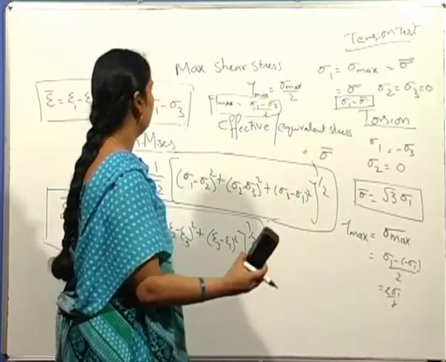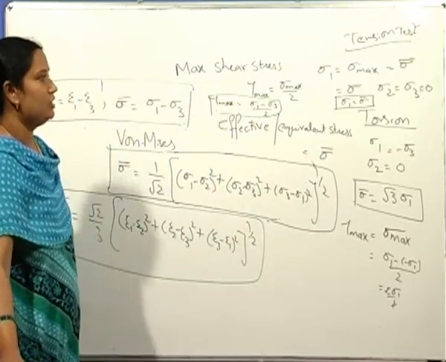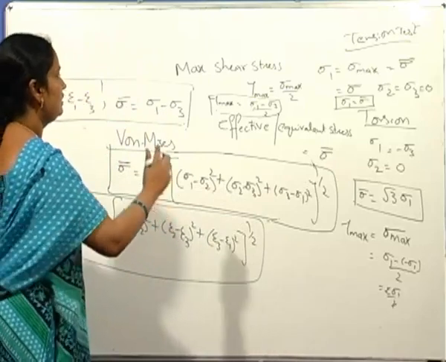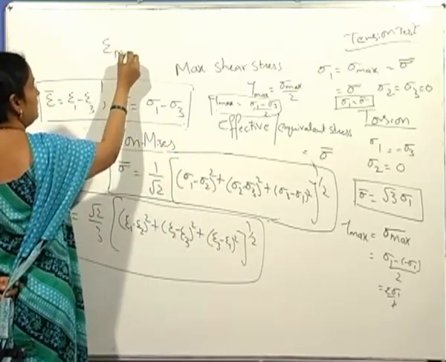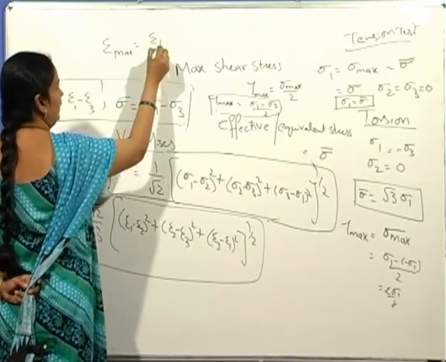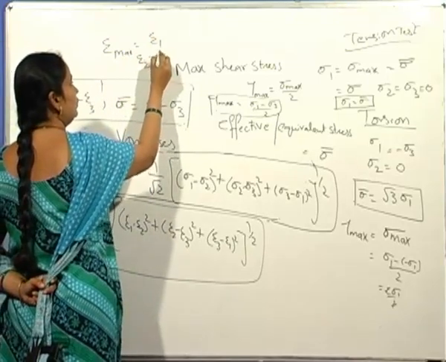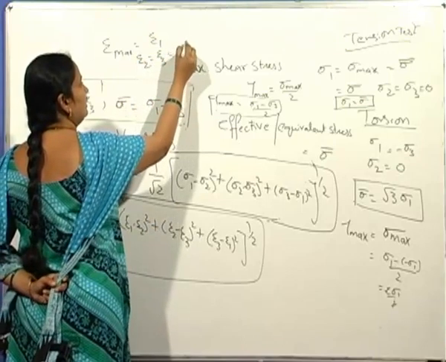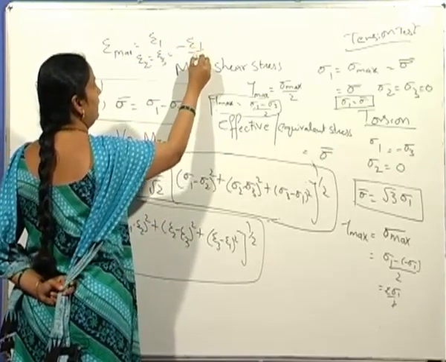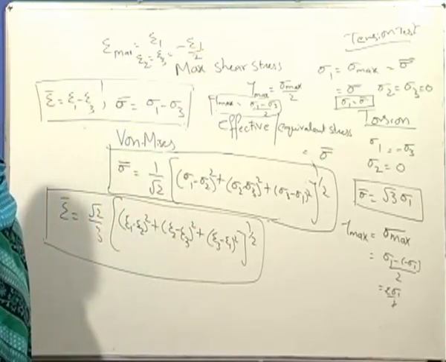Now coming to the equivalent strains. For the case of tension test, we have epsilon maximum is equal to epsilon 1. And in the other two directions, epsilon 2 is equal to epsilon 3, that is minus epsilon 1 by 2. This is for the case of tension test.